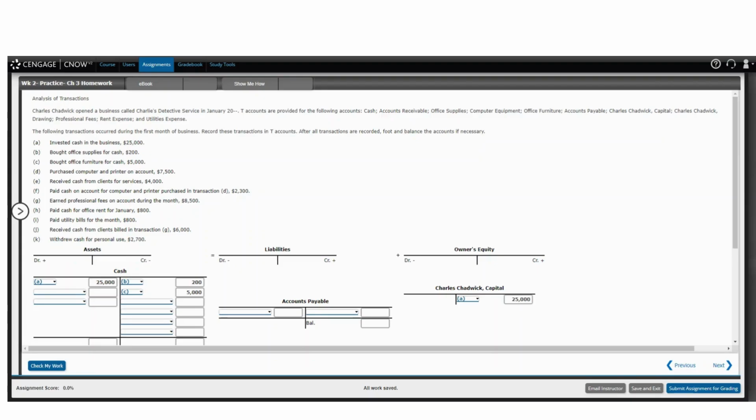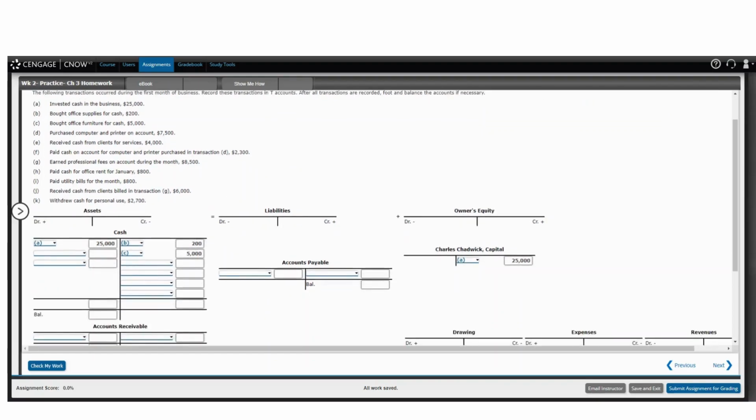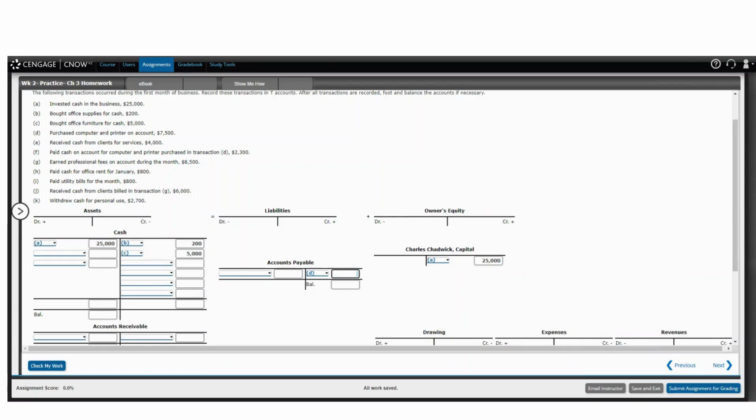Okay. In D, he purchased computer and printer on account in the amount of $7,500. Okay, so I know he didn't pay cash for it. So what would it be? I hope you said accounts payable, okay? So my accounts payable, I'm going to go under my liabilities, and my accounts payable increases on the credit side. It's opposite, right? It's on the other side of the equation. So it increases on the credit. So I'm going to put D for the amount of $7,500.